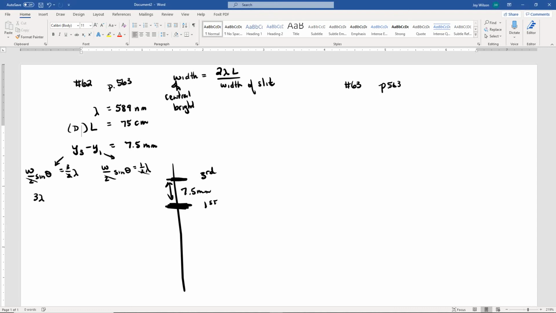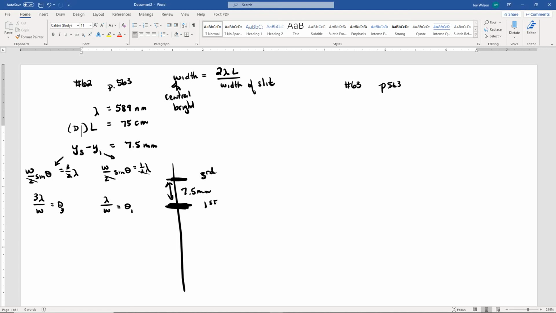And so I know that 3 lambda over W would equal theta 3, and 1 lambda over W would equal theta 1. I think to myself, what can I do with that?